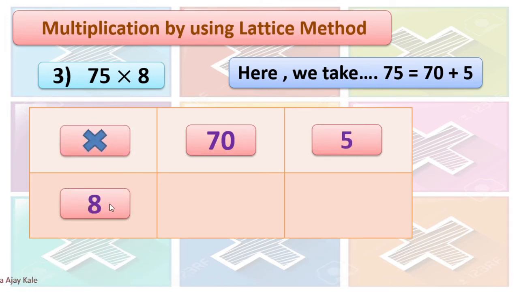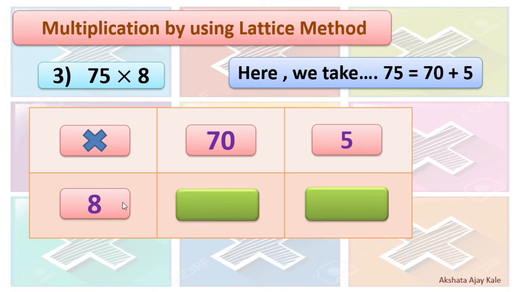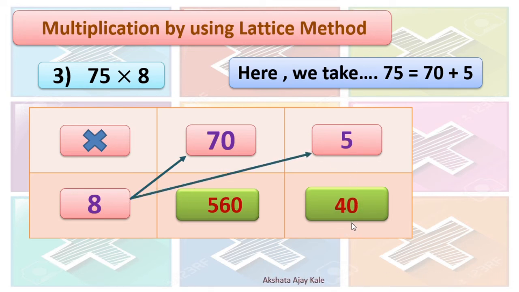Correct? Now first thing is multiplication of 8 and 70. 8 sevens are 56. Very good. And one more 0. That is 560. Correct? Now 8 fives are 40.